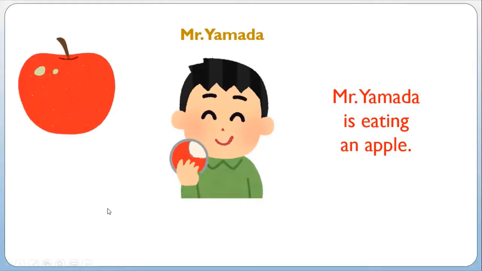Okay, this is an apple, and apple in Japanese is called Ringo. Ringo. Please feel free to repeat after him. Ringo. Ringo. That's right. Is the pronunciation good? Okay.